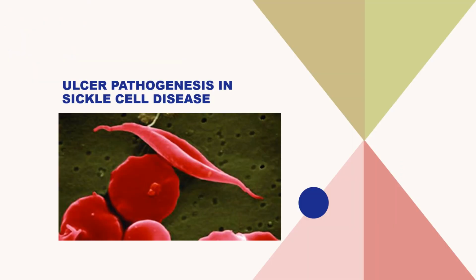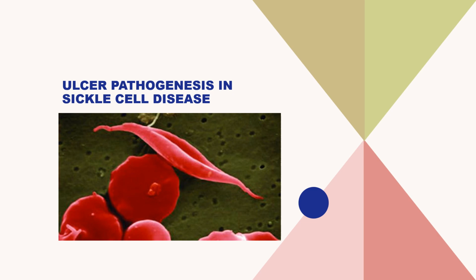So with regard to the ulcer pathogenesis in sickle cell disease, the abnormal hemoglobin molecule in the red blood cell in a patient with sickle cell does not affect the amount of oxygen the red blood cell can carry.